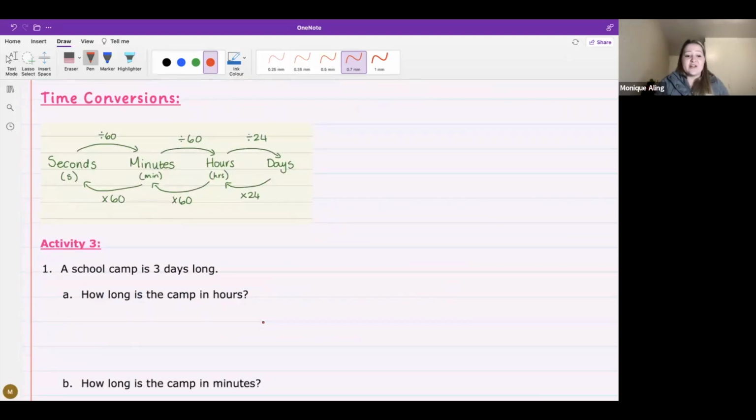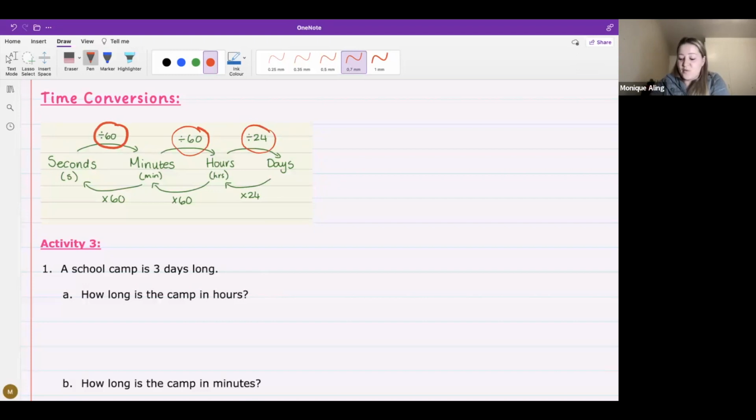This is just one way to learn the time with a little diagram. Put in the units in order: seconds, minutes, hours, days. Between seconds and minutes, we've got 60 seconds in a minute, 60 minutes in an hour, and 24 hours in a day.